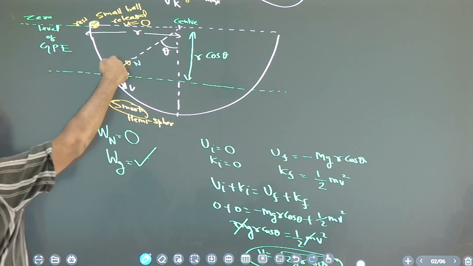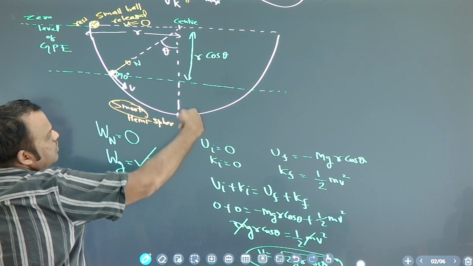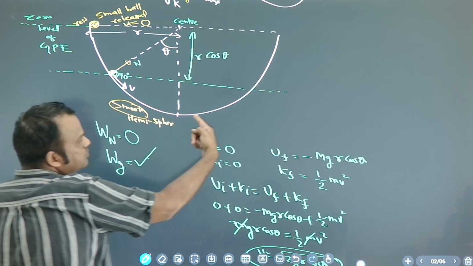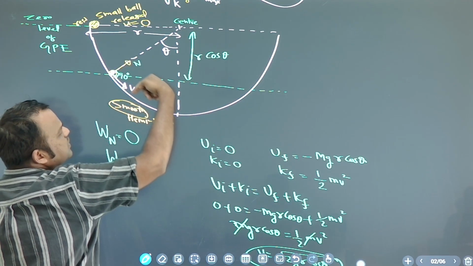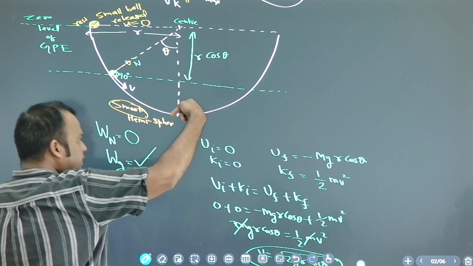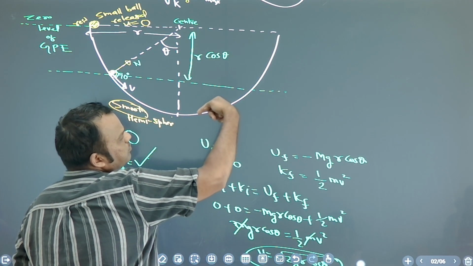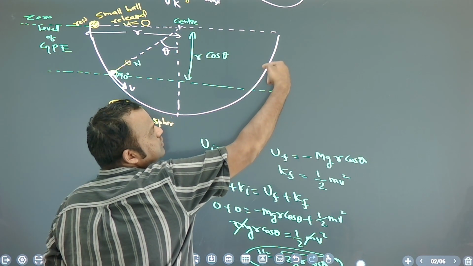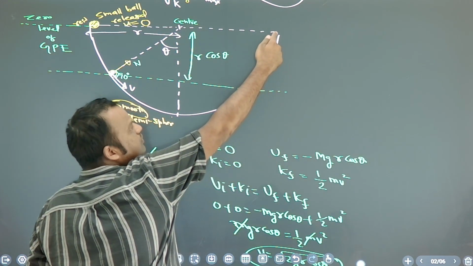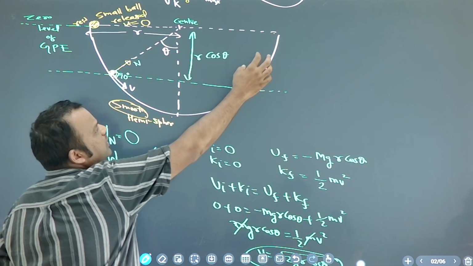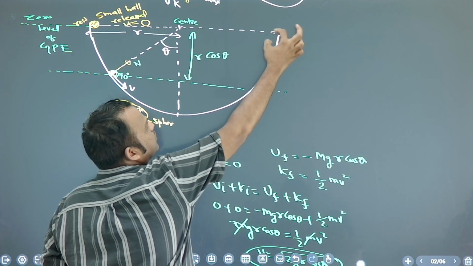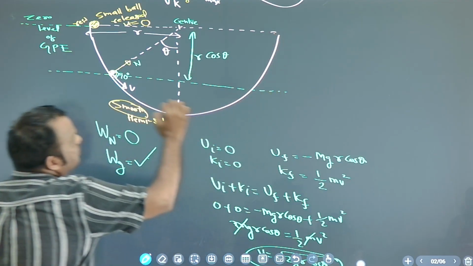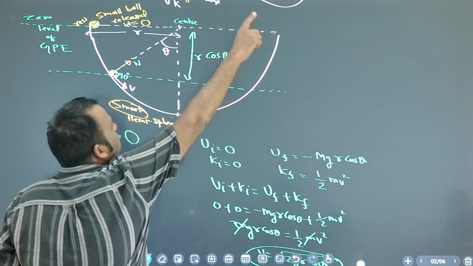Speed increasing, maximum here. So kinetic energy increasing, potential energy decreasing. After this, what happens? Kinetic energy decreasing, potential energy increasing. Again, it will come to rest here, then come back. Okay, understood? It will oscillate.